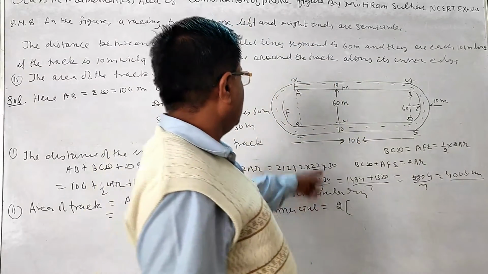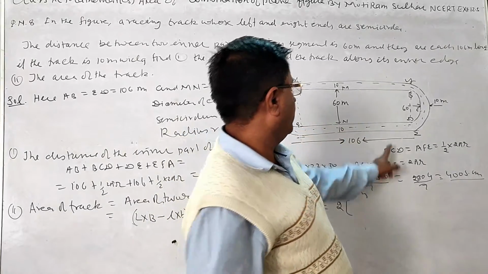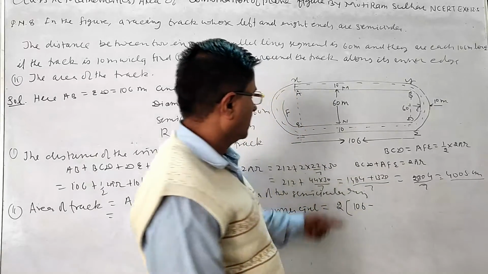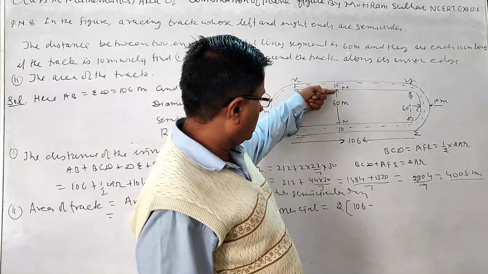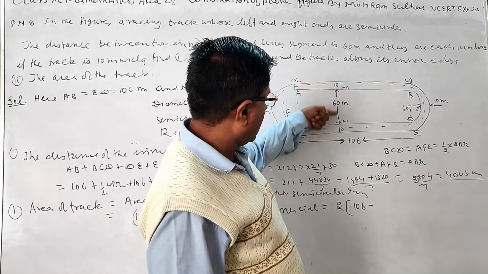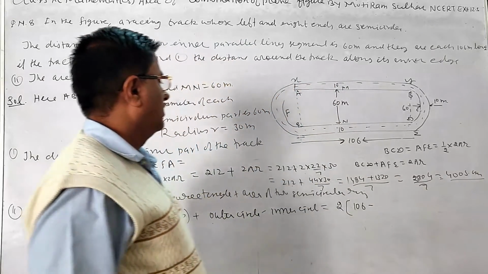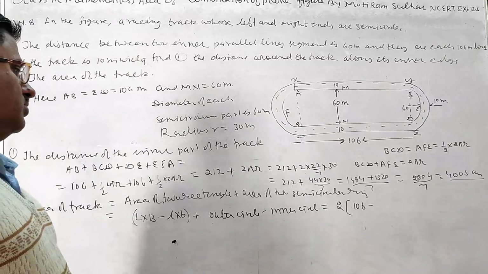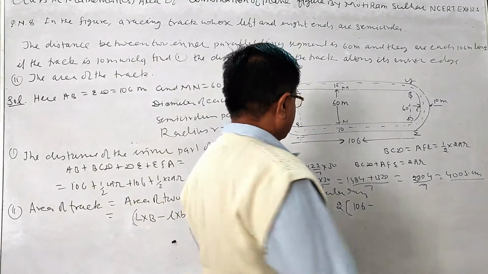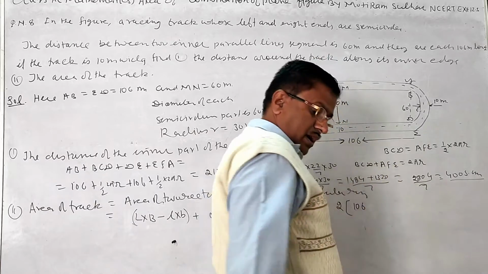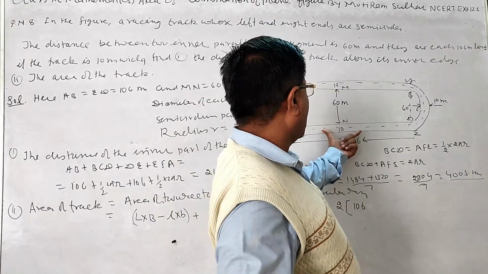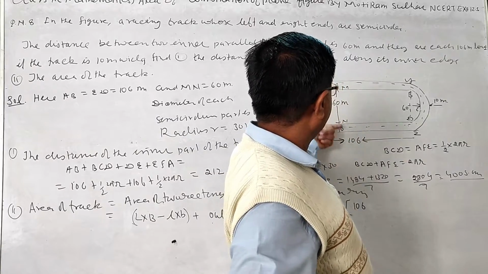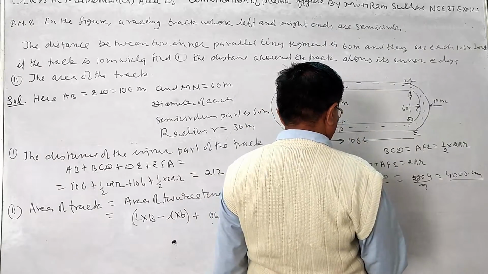Okay, so length will be 106 minus inner length of the both will be 106. So 106 outer length, area of the outer, if you see 106 minus 80, that is 80.